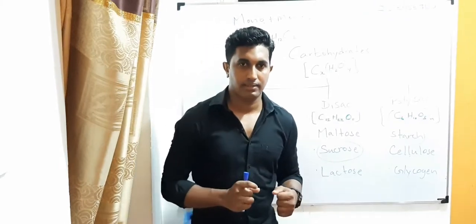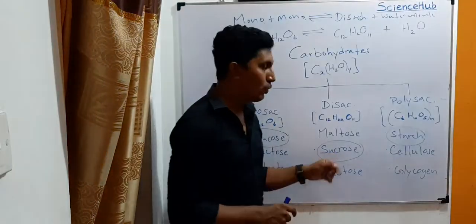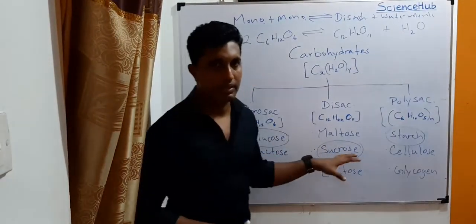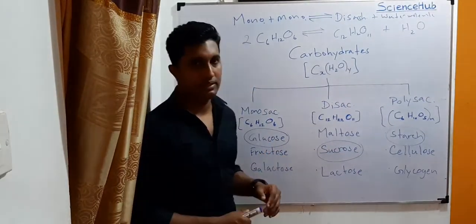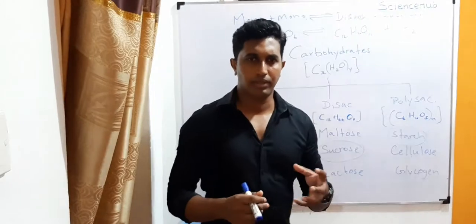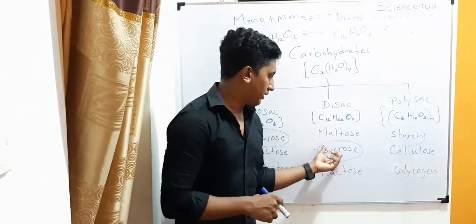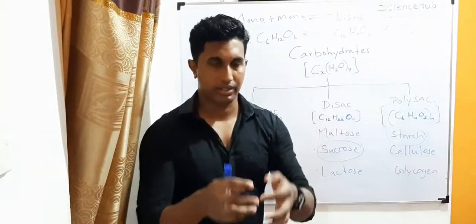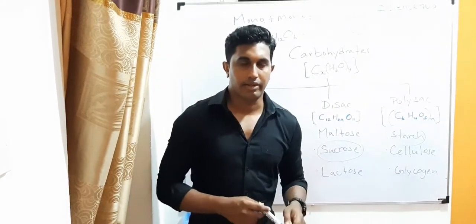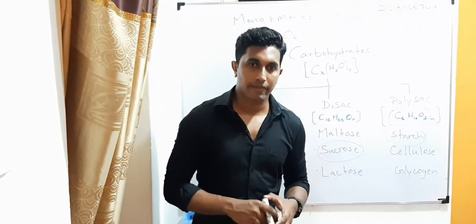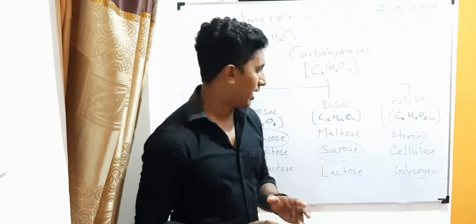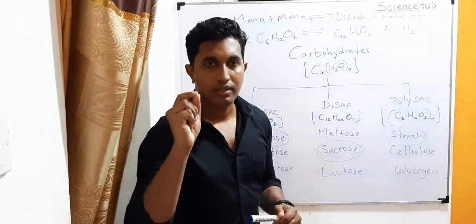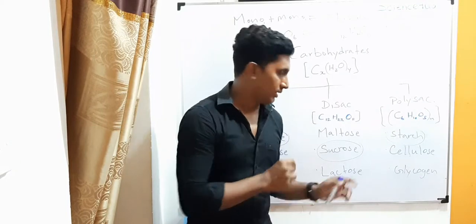Okay, then the test for sucrose. It has the same method as the glucose test. You put some Benedict drops into the sucrose solution, immerse the test tube in a water bath, and heat it. What happens? Nothing happens if there is sucrose. Then you use some sulfuric acid drops for that experiment.